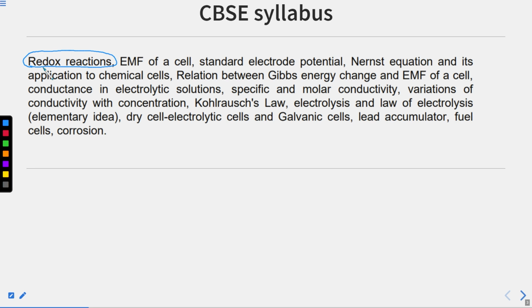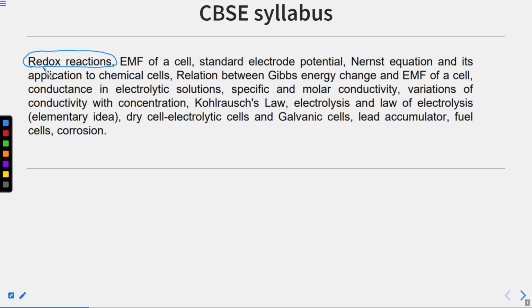And if it is occurring spontaneously, and if it is not occurring spontaneously, two cases arise. On the basis of that, we have two types of electrochemical cell: the galvanic cell, and the second one was electrolytic cell. Cell is termed for the spontaneous redox reaction only.